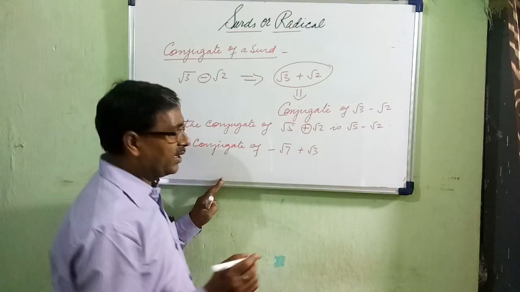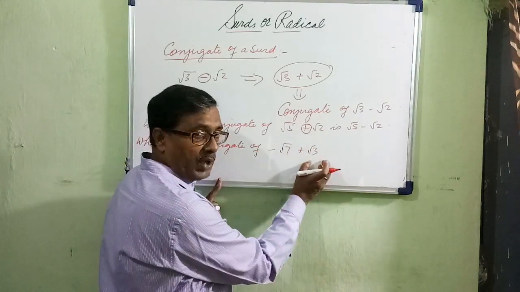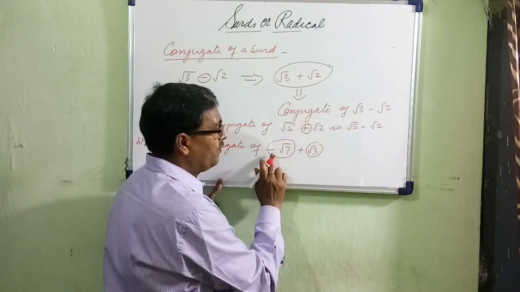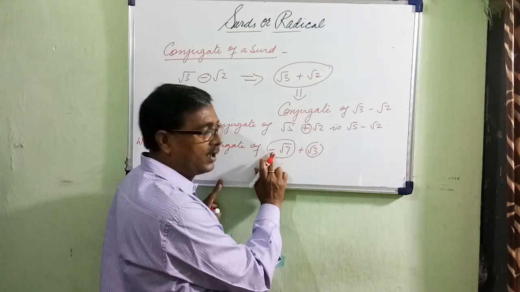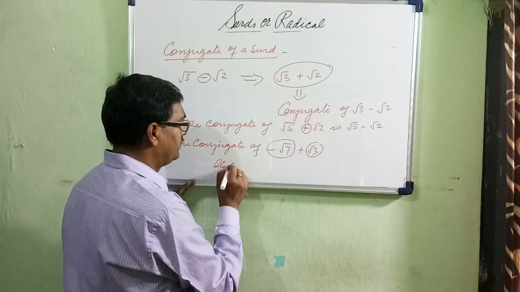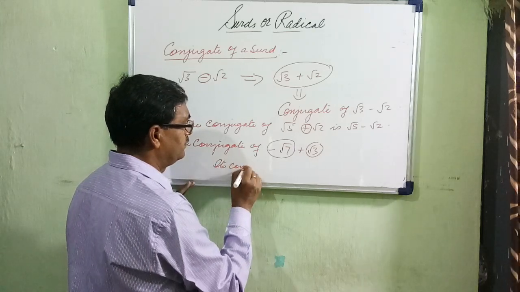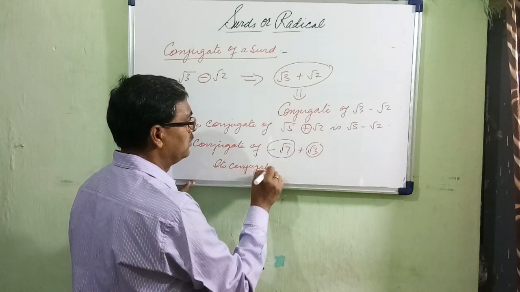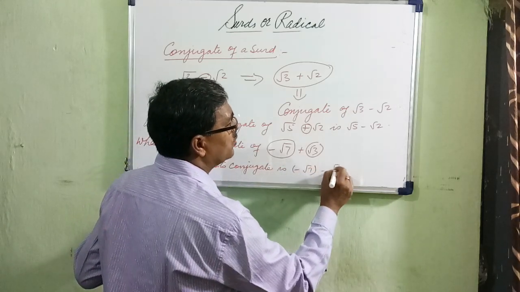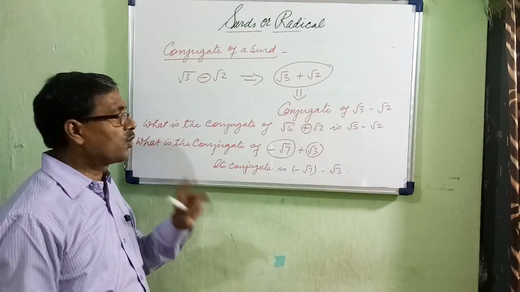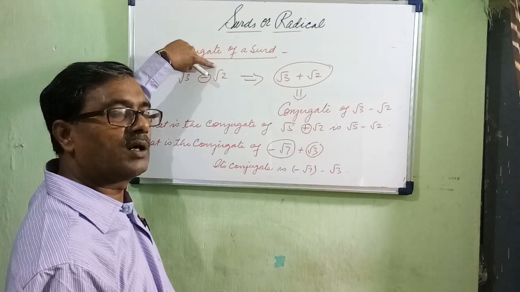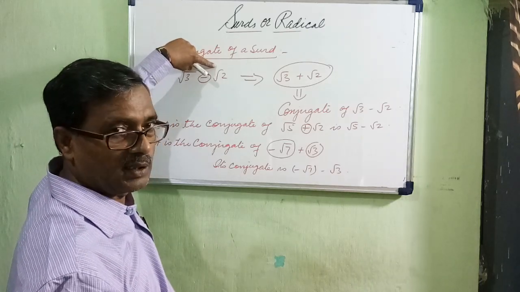Remember, we are talking about only the sign between the two numbers. This is one number, this is another number. So we will not change this at all. We will change this one only. So its conjugate is minus root 7 minus root 3. This is called conjugate. So we are always concerned with the sign between the two given numbers, rational or irrational. Is that clear?